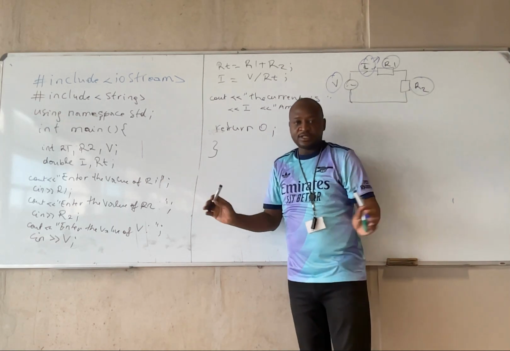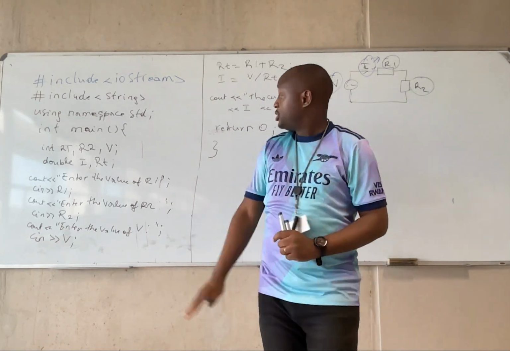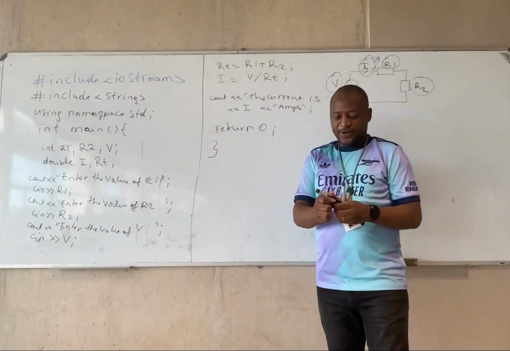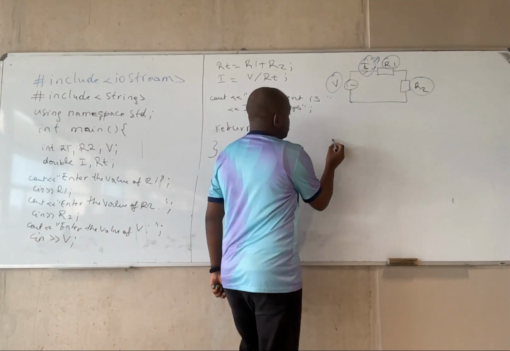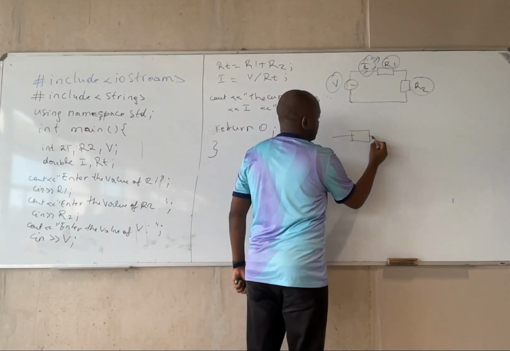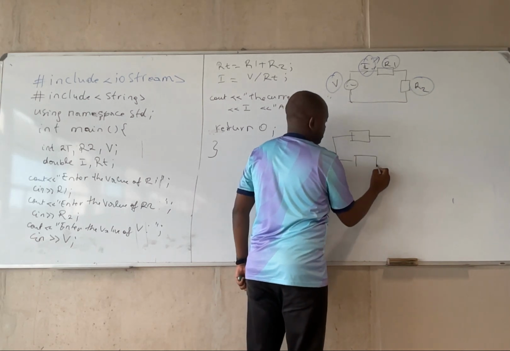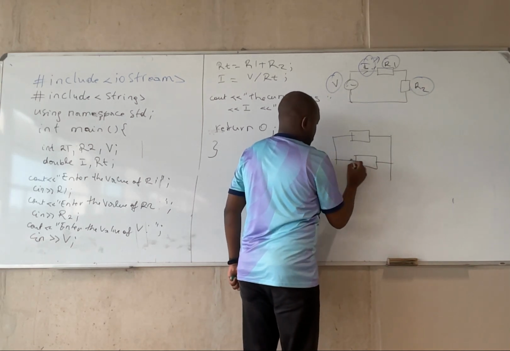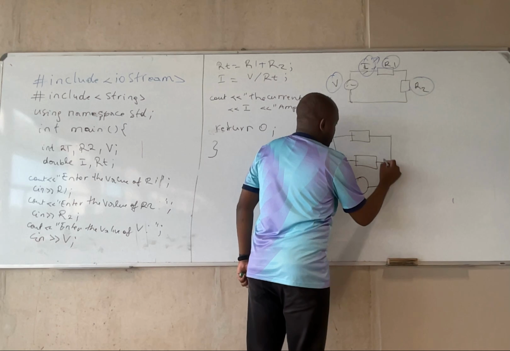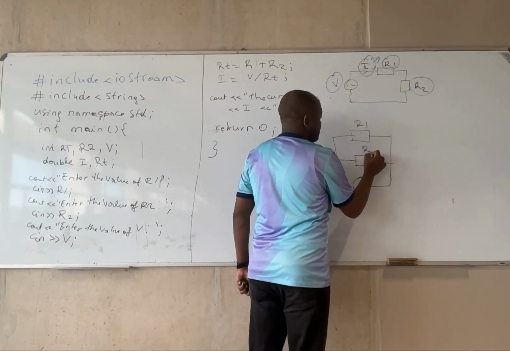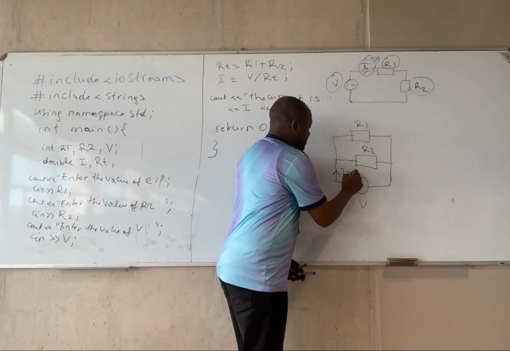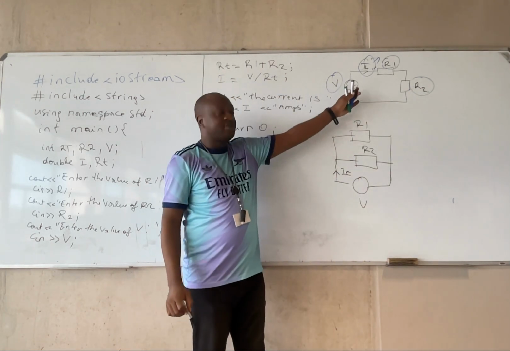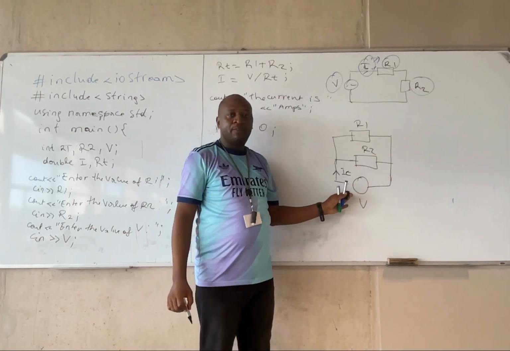Okay, pretty straightforward, easy. Try to run the code, see how it goes, and when you're done with that, I want you also to work on this one. Instead of having them in series, I'm having them in parallel.